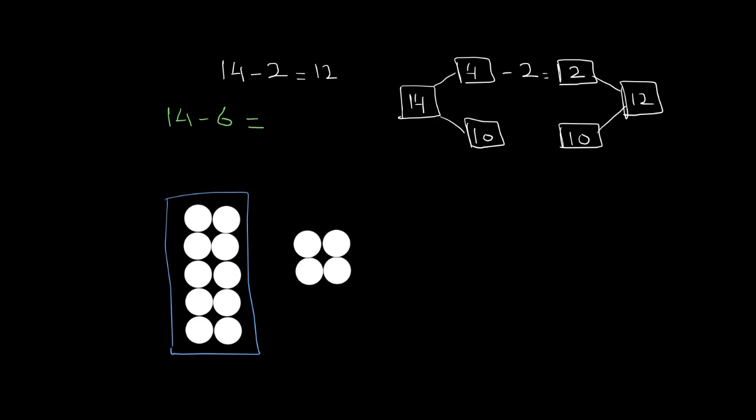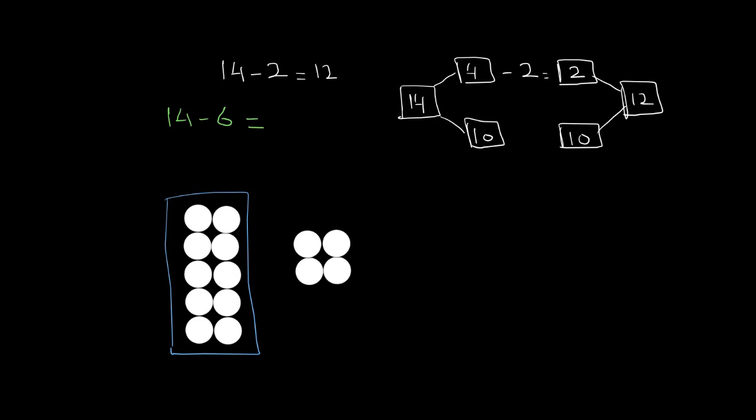But now we again have a 10 and 4, and if we have 4 chocolates, we can't really eat the 6 chocolates from there. That's not possible. So what we have to do is work harder.